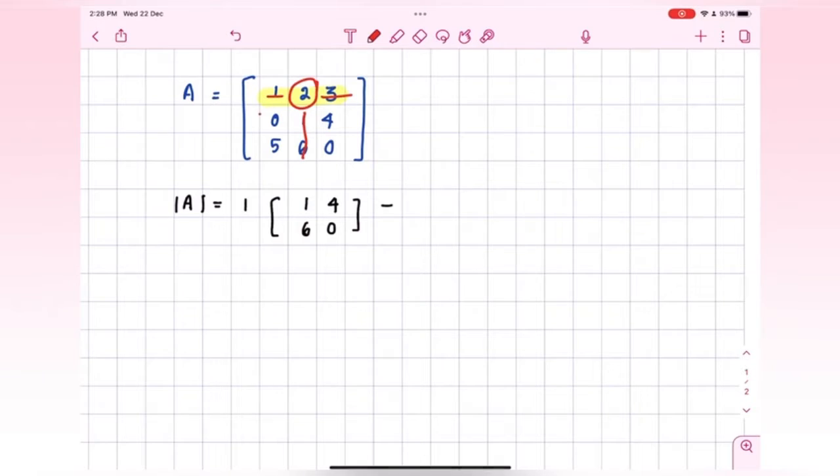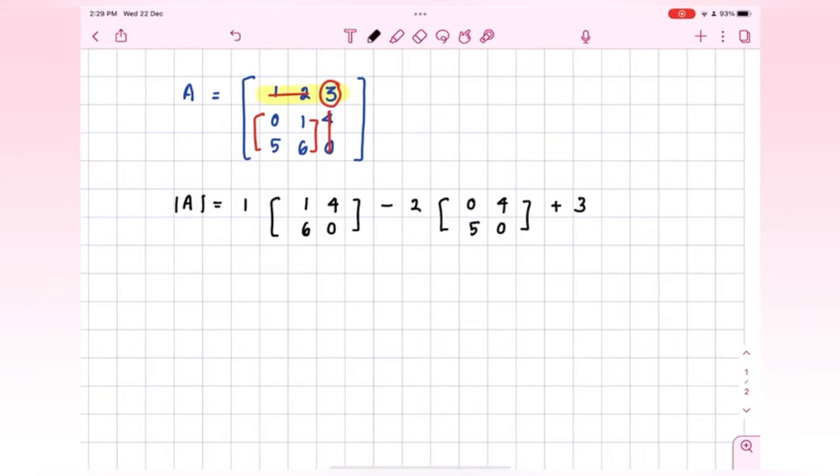Then we will have the 2 by 2 matrix of 0, 4 and 5, 0. The last element is 3, remove the row and the column, and we will get positive 3 with the matrix of 0, 1 and 5, 6.